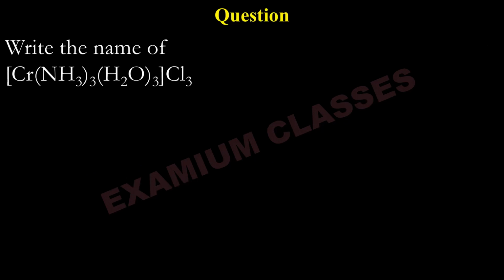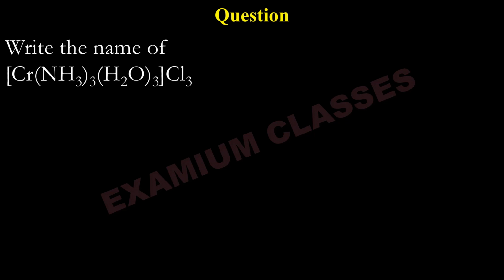Now the question: write the name of this, and now you will apply the rules. If you write the name, the ligands are written first in alphabetical order. And then, what is named first, the cation or anion part?